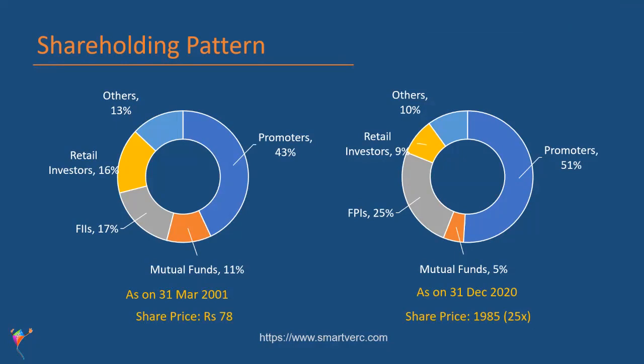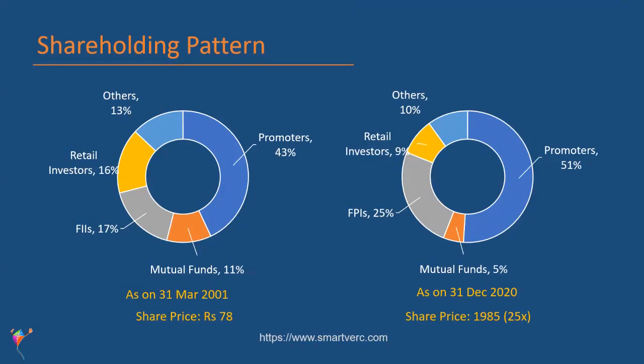Because there are a lot many investors who strongly believe in the management of the company, that they have never made a loss by holding onto Reliance. And still, considering the size of the company, 9% stake by retail investors is pretty high. And that credit goes to the management, to the company's performance.